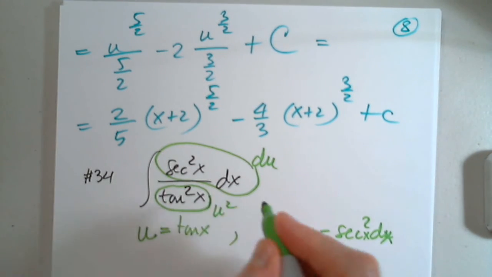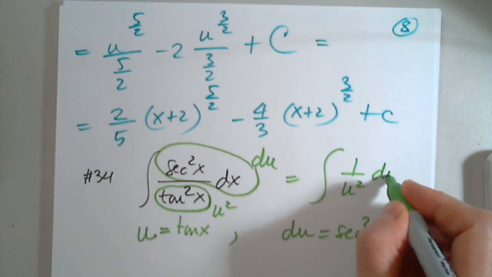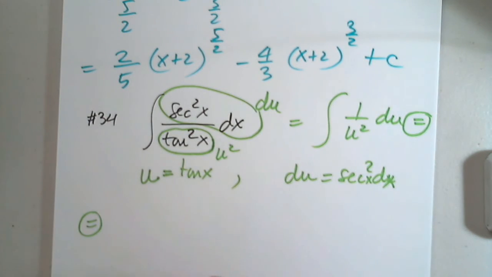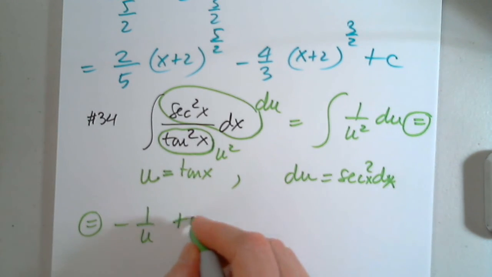That's it. So the integral is the integral of 1 over u squared du. And a long time ago, I begged you to remember that negative 1 over u, prime, is 1 over u squared. Plus a constant c.